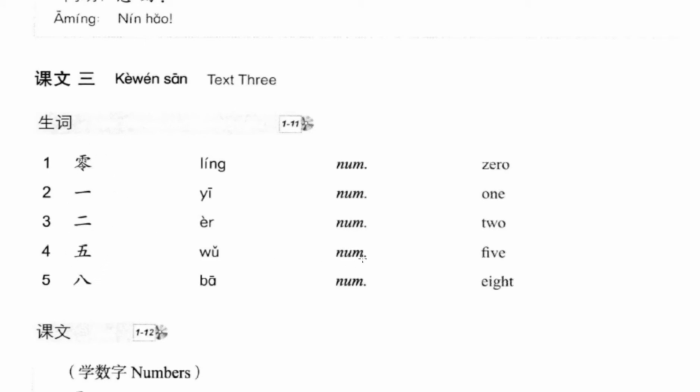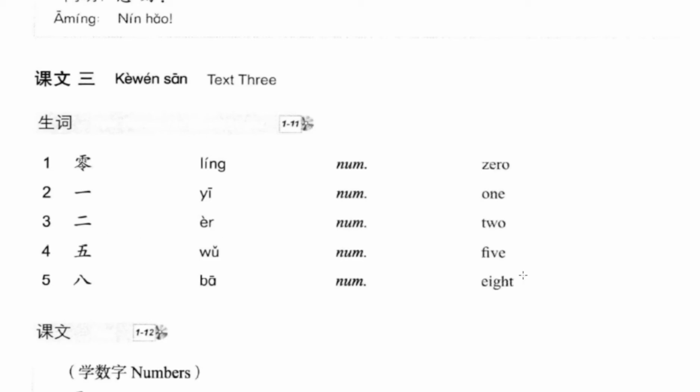But sometimes we just write in the national numbers, like 1, 2, 3. And the first one, 0, 零. 1 一, 2 二.